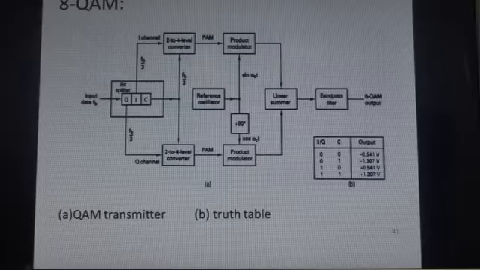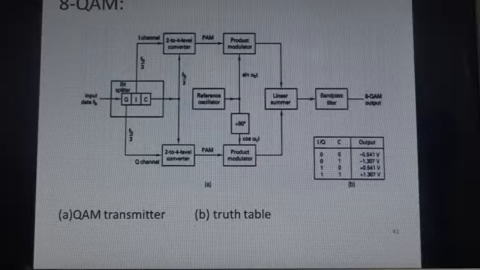The other input to the product modulator comes from the reference oscillator, and the input signal in the even channel is phase shifted by 90 degrees. After the product modulator the signals are given to the linear summer, which is used for summation, and then they are given to the band pass filter, which removes the noise, selects the particular bands as per the need and passes the output as an 8 QAM output.